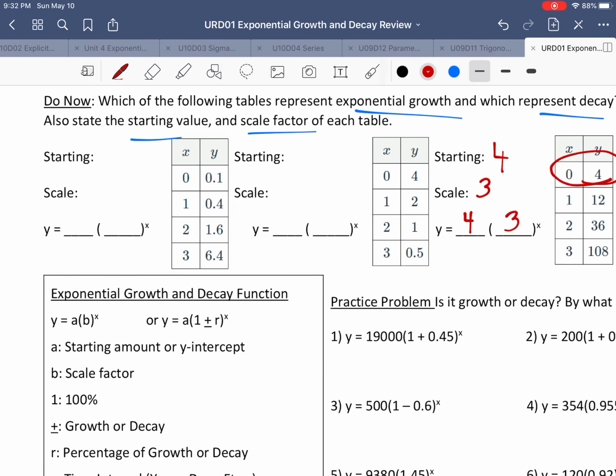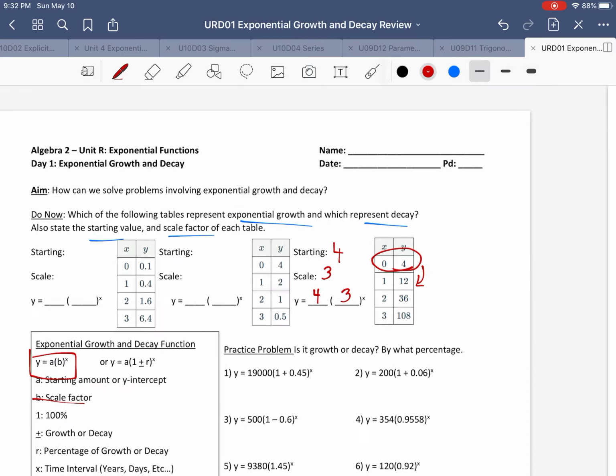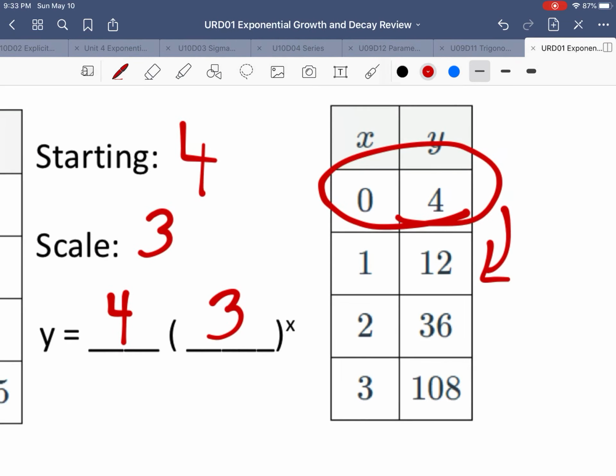Now, that would be in this form, where A is our starting value, which is 4, and B is our scale factor, which is what we multiply by to get from one number to the next. So as we multiply from 4 to 12, we multiply by 3. And we do that again to get from 12 to 36.